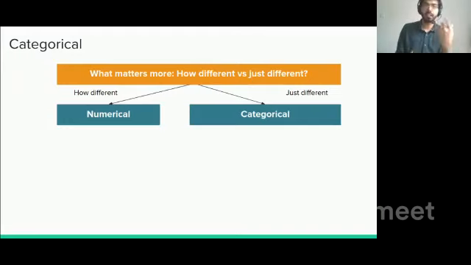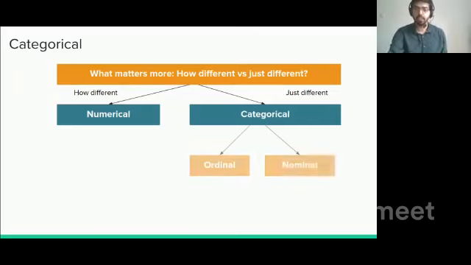So red colored something is different from green colored something because of the way it appears. It's not how different, but that it is just different. It has different properties. It looks different, or it has different features. So that is how you would say this defines numerical and categorical differently, right? So how different versus just different.